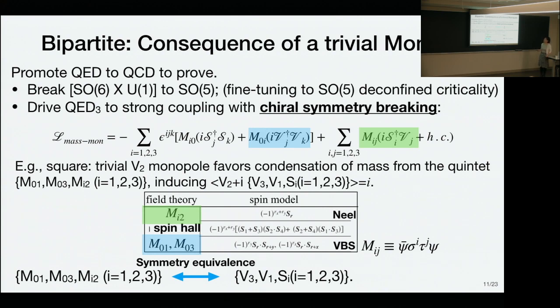Yeah, so the rest of the slide is a bit technical. So for example, if we say the trivial monopole is V2, because it cannot carry spin indices, it must be one of the valley triplet monopoles. Say if it's V2, then there is an allowed coupling term between the fermion mass and the monopole operators.